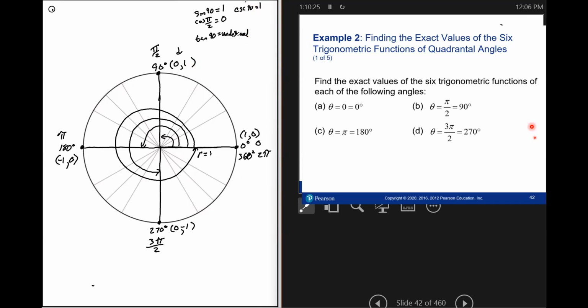That's easy. 1. And then secant, the secant of 90, or pi over 2, is 1 over the X value, or 1 over the cosine value. What's 1 over 0? We already discussed that, didn't we? Again, it's undefined.